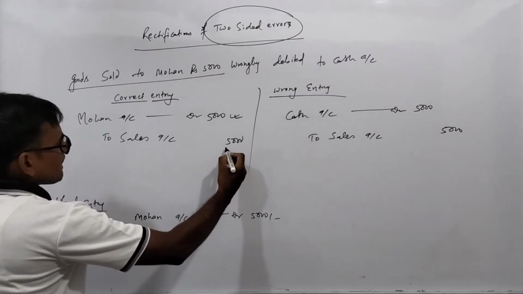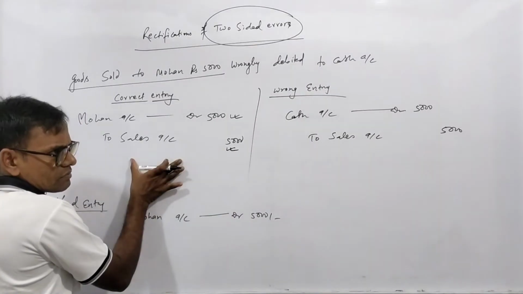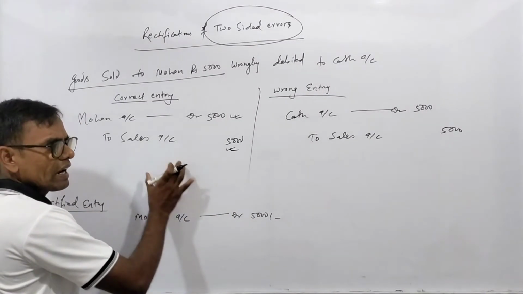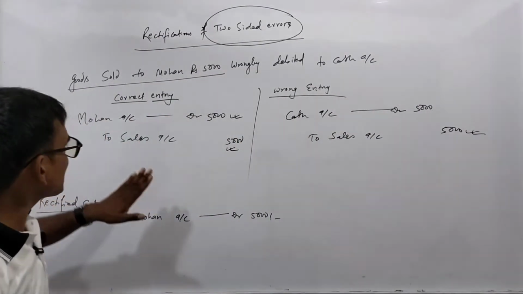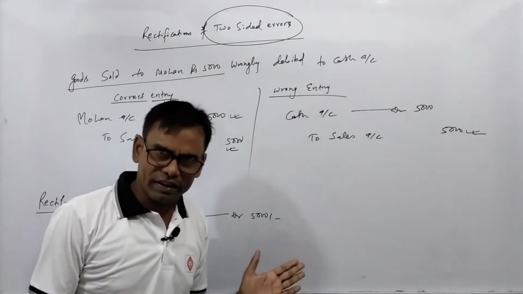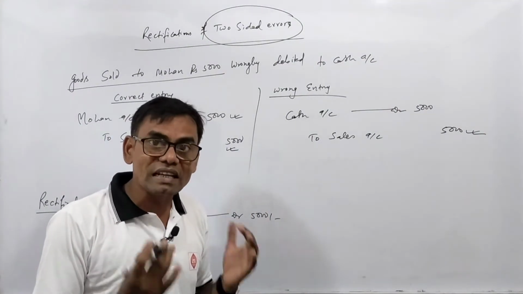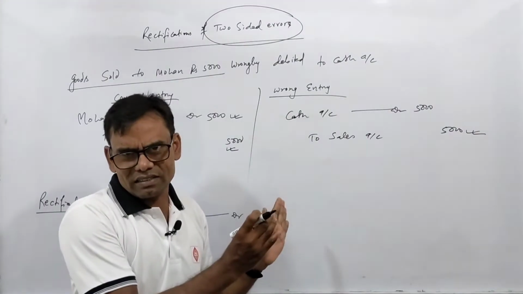But sales account is already credit. Sales account should be credit and it is already credit, so the sales account should not be rectified.